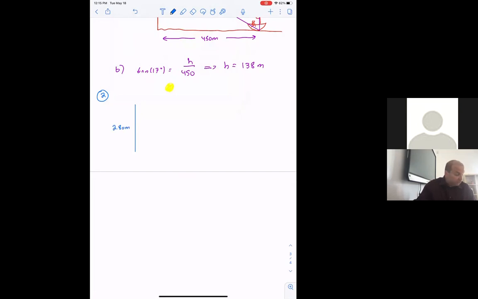The angle of elevation of the sun from this point to the bottom of the window is 70 degrees. That was a horribly phrased sentence. The angle of elevation from the bottom of the window to the sun, that makes more sense. We'll check if the answer is correct. But the angle of elevation from the bottom of the window to the sun is 70 degrees.